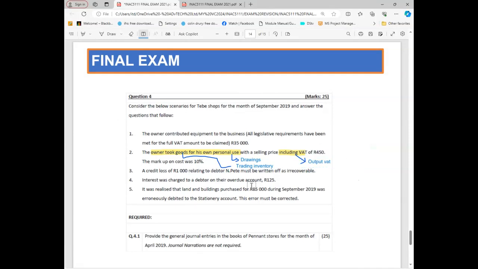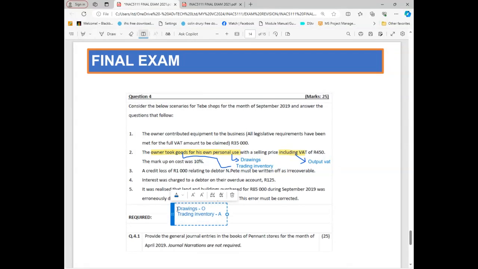So at the end of the day, these are the accounts involved. The first account here is drawings, and drawings obviously is owner's equity. The second account is trading inventory, and trading inventory is our asset.